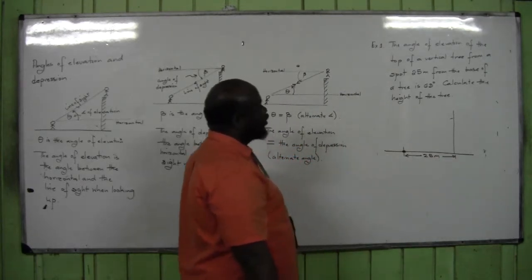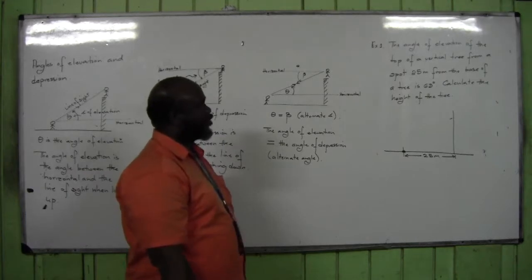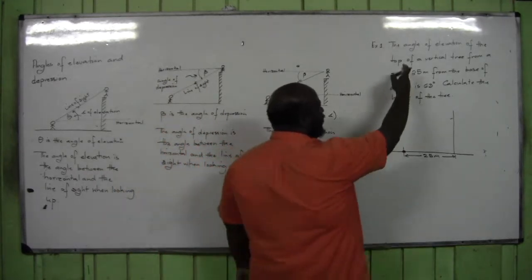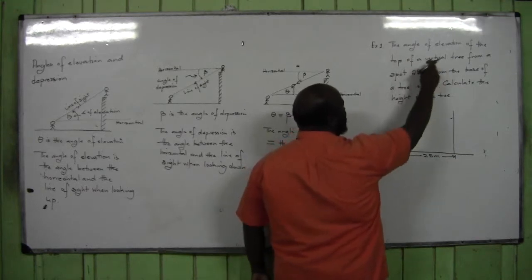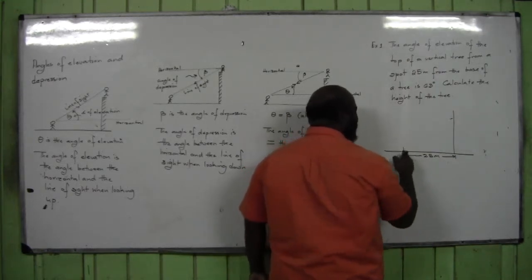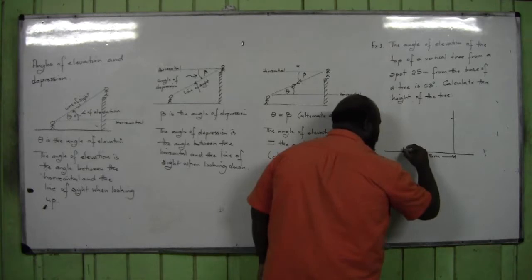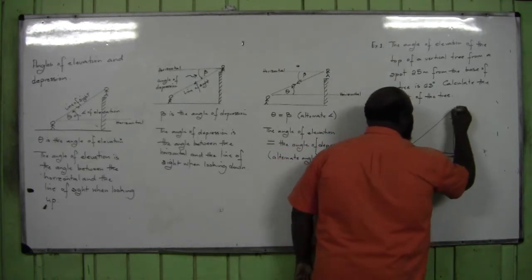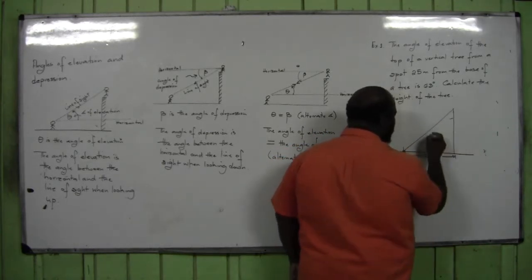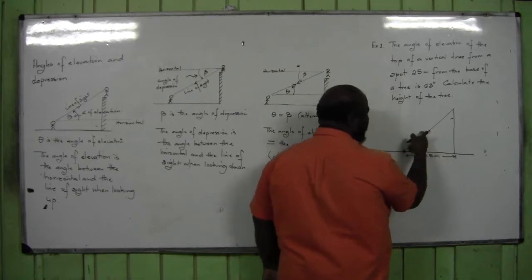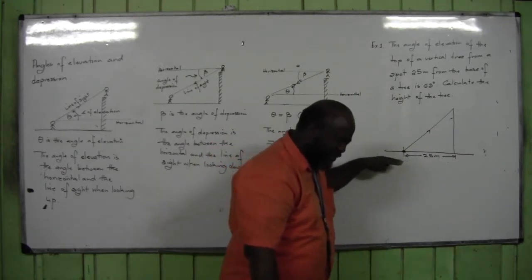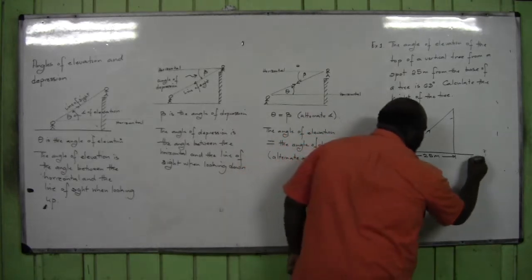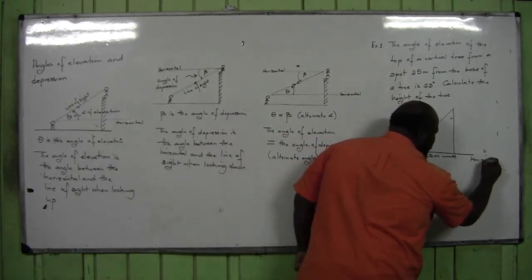Now, the person is looking up at the top of the tree, because it says the angle of elevation of the top of a vertical tree. He's at this spot and he's looking up at the top of the tree. So this is his line of sight. This is horizontal.